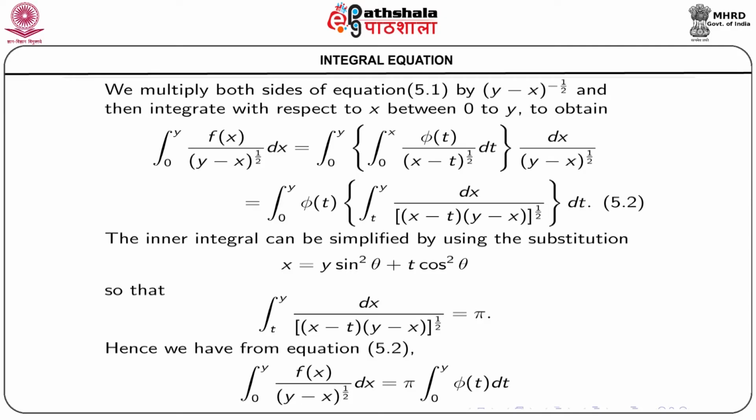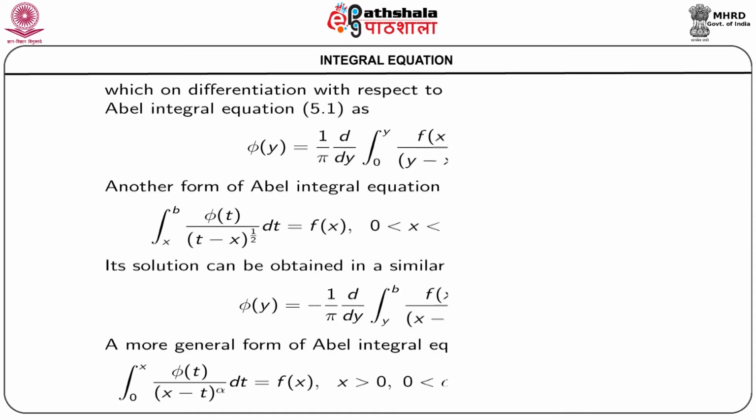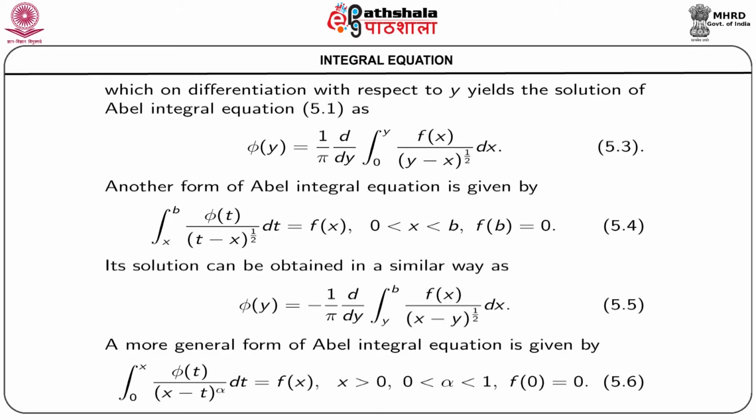So, we differentiate both sides with respect to y to obtain the solution of Abel's integral equation 5.1 as phi y equal to 1 by pi d dy integral 0 to y f x divided by root over y minus x dx as given in equation 5.3.